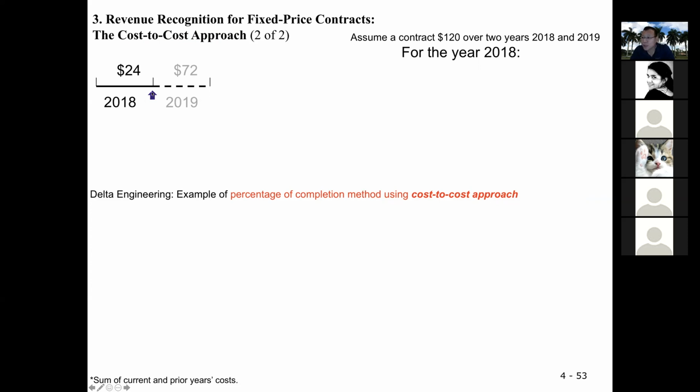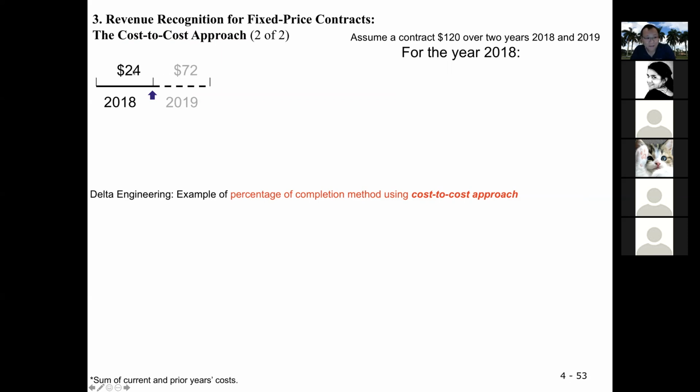Suppose we estimate that in 2019 the additional cost to complete is $72. So when I was at the end of 2018, I estimated that next year, 2019, the additional cost to complete the project is going to be $72. Does this picture make sense?